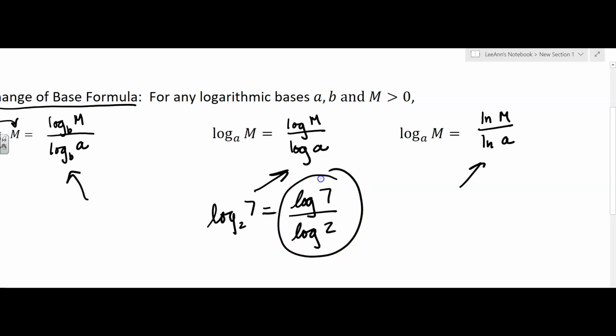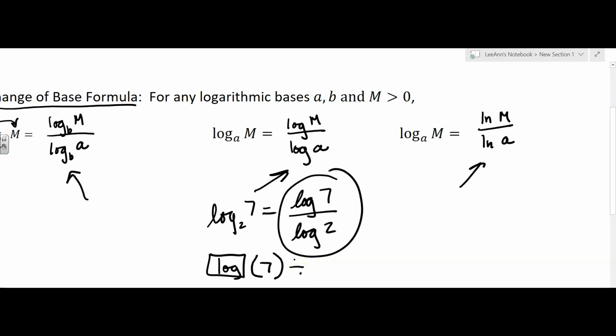This I can put in my calculator, and I'm going to do that. You have to be a little careful sometimes when you're putting these in your calculator. So when I hit the log button, and this is a common log, it automatically opens a parenthesis on my calculator. So I want to put 7, but what I have to remember is to close that parenthesis before I hit the division bar.